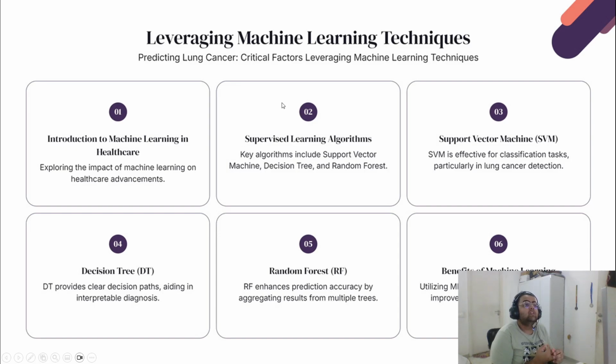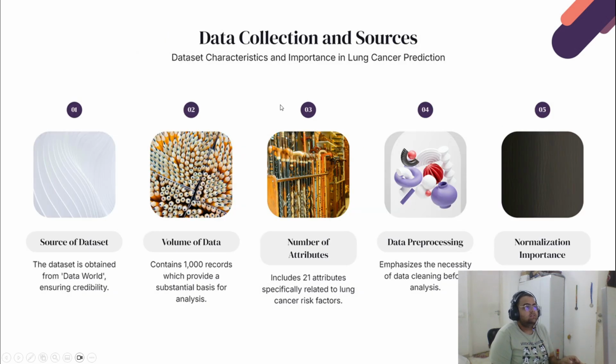We can leverage machine learning techniques as mentioned in a research paper, particularly supervised learning algorithms like support vector machines, decision trees, and random forest, and we can utilize them for early detection and improving diagnostic accuracy for lung cancer.